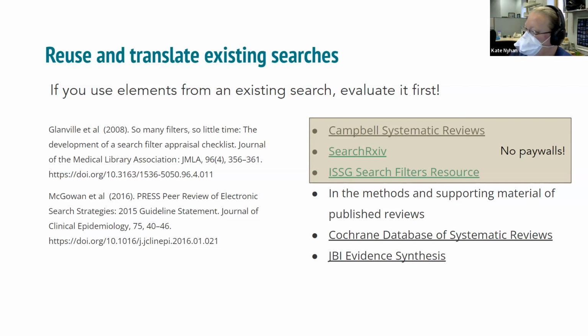And I want to highlight that the Campbell Systematic Reviews Journal, Search Archive, and the ISSG Search Filters resource are all always free. Of course, the paper that you learn about through the ISSG Search Filters resource may not be free, but at least you'll be able to get started looking for searches to translate in these sources.